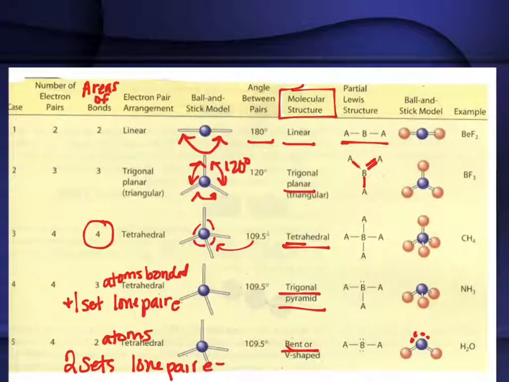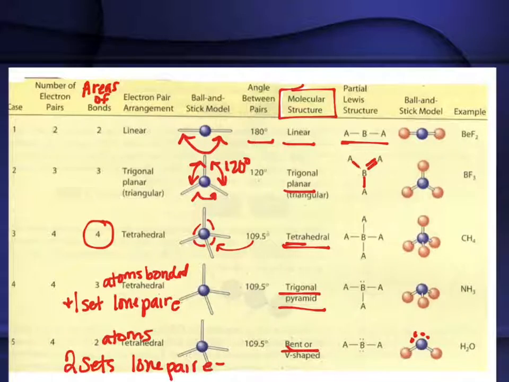Is there any way to know that just by looking at the picture, whether the shape is linear or bent? Yes, because if it looks like that and there are no lone pairs, it's linear.